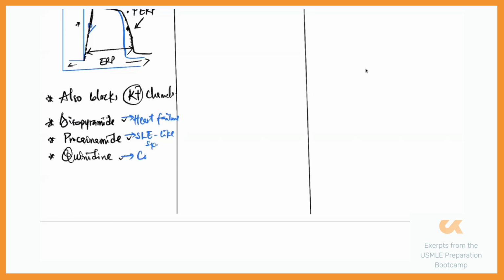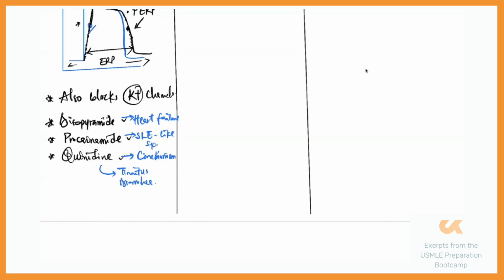Quinidine, on the other hand, would cause cinchonism. These patients will usually present with tinnitus, hearing loss. Tinnitus and hearing loss is basically the same thing. They may have diarrhea, nausea, vomiting, whatever, right? You want to remember that for quinidine.